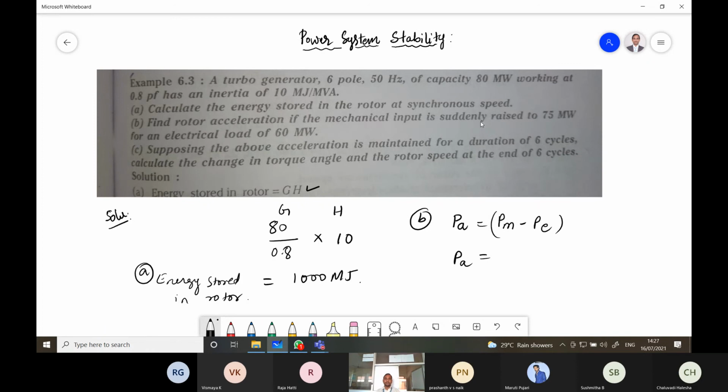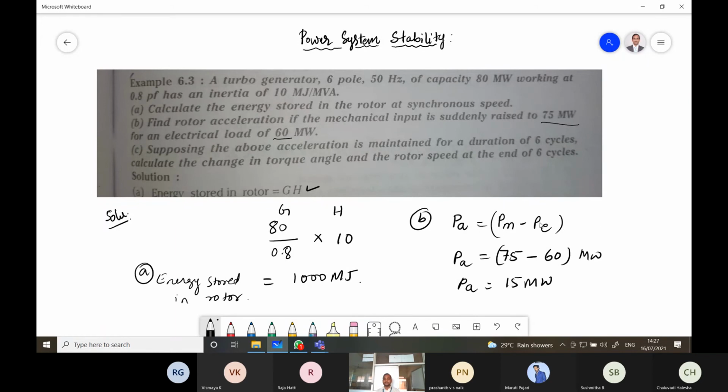Mechanical input is 75 megawatt, and the electrical load is 60 megawatt, so 75 minus 60. So what is your accelerating power? It is 15 megawatt.